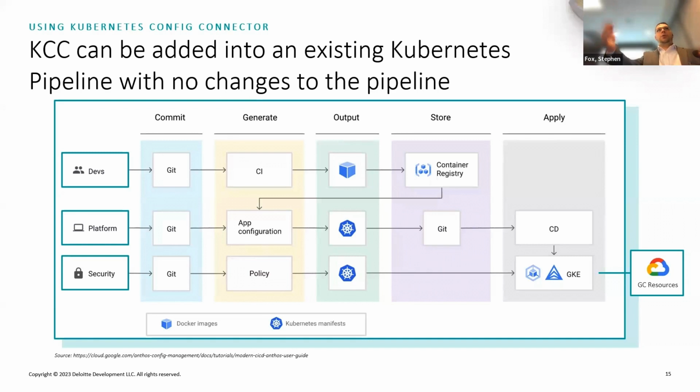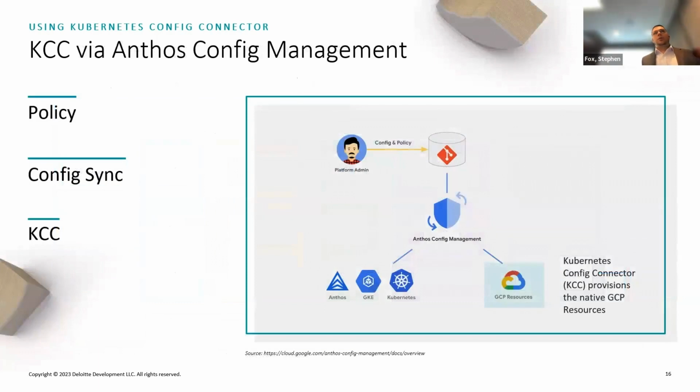Let's say you open a pull request and you only want to allow Cloud Storage buckets if they have a CMEK. So you can enforce that policy on the Kubernetes cluster itself, but you can also add it to the pipeline if you want to add some additional logic. But it ends up using exactly the same policy code in the pipeline or on the Kubernetes cluster.